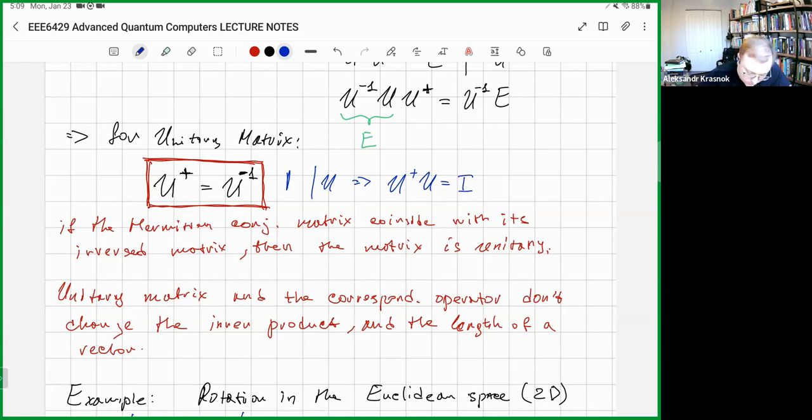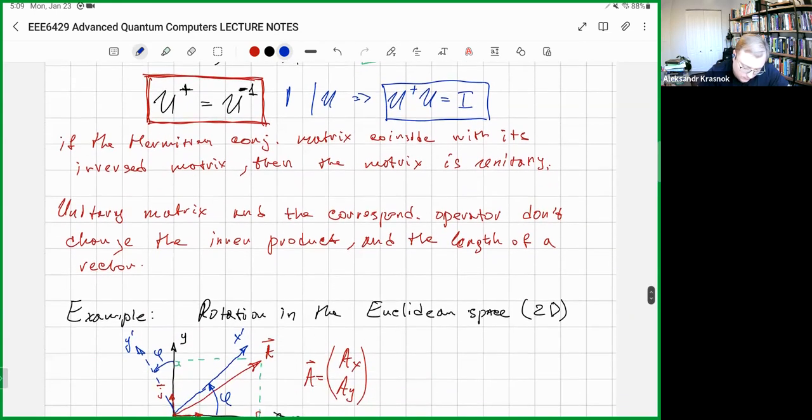If the product of a matrix with its Hermitian conjugated matrix gives you the identity matrix, then this matrix is unitary.